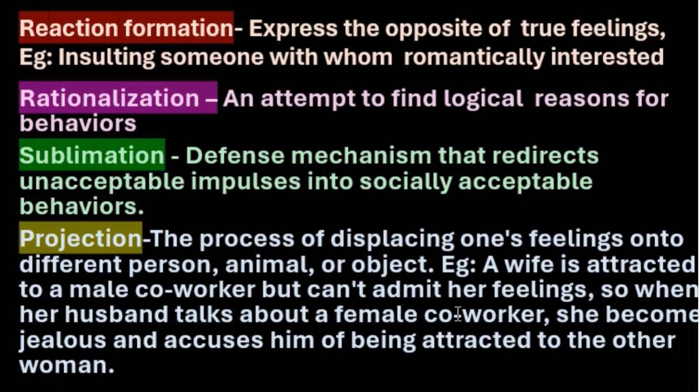For example, a wife is attracted to a male co-worker but cannot admit her feeling. So, when her husband talks about a female co-worker, she will become jealous and accuse him of being attracted to the other woman. So, the fault is hers, but she is trying to put it on her husband. This kind of displacing of one's own feeling onto others is projection.